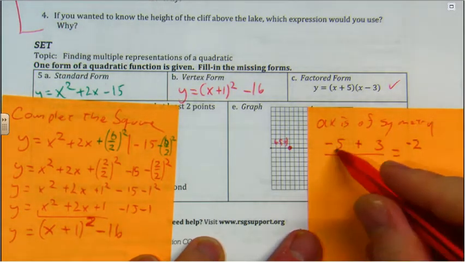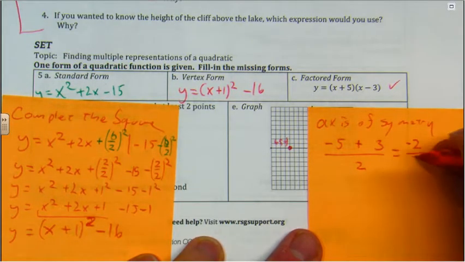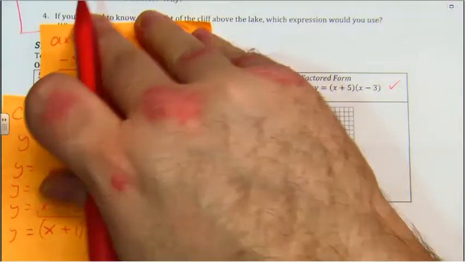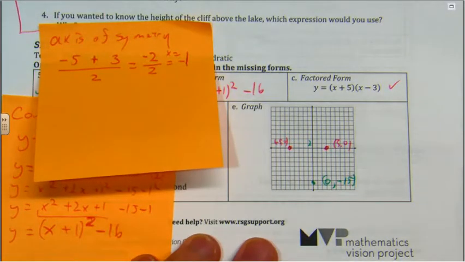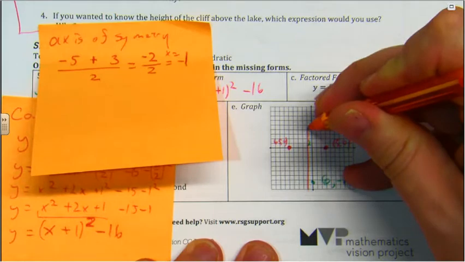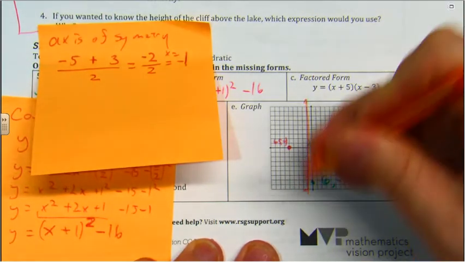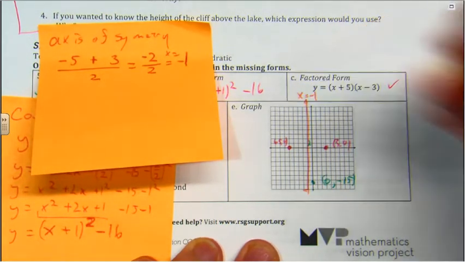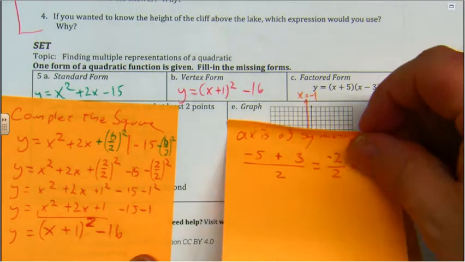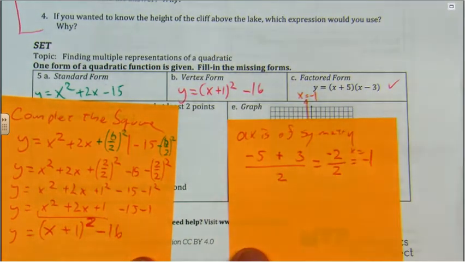It's a negative 5 plus 3. And then I'm going to divide by 2. So I know that negative 1 is my axis of symmetry. X equals negative 1. So when I look at this, I know that x equals negative 1 is my axis of symmetry here. Cool. So now I know that my vertex will be on that line.